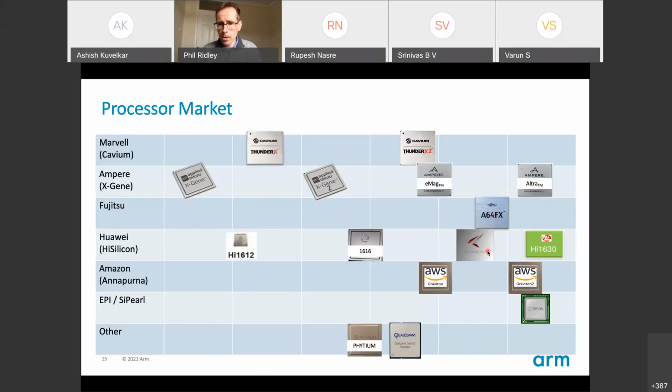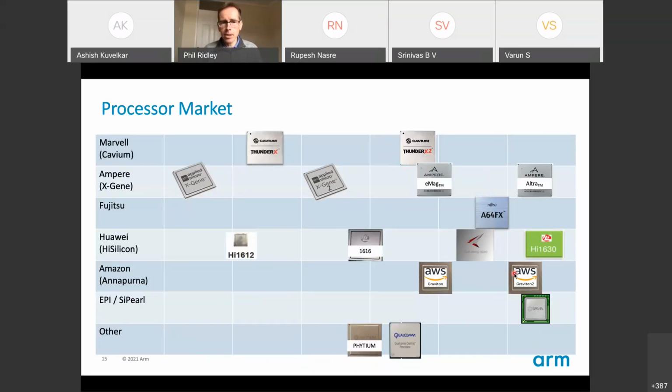Also Huawei, they make processors based on ARM, the HiSilicon range. Amazon have their own fabrication company, Annapurna, who I think it was about 3 years ago released the Graviton, and then around a year ago the Graviton 2 processor came out. I'll talk more about that as well.